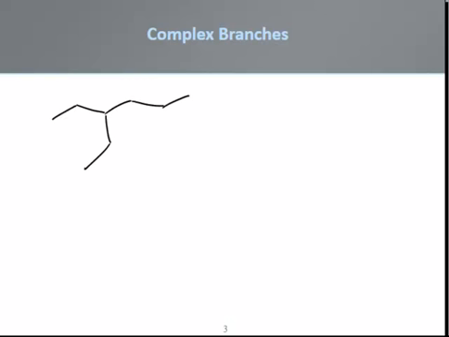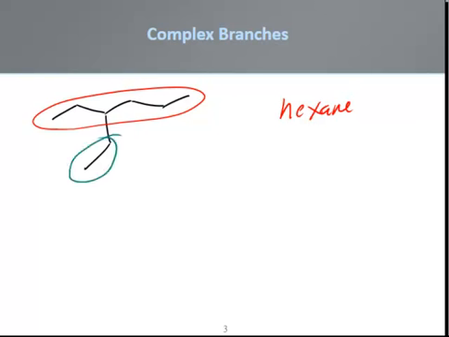If we were to ask you to name this compound, the first thing you would do is identify the longest continuous carbon chain. In this case, there are 2 routes that we can take, but here's a simple one. And then we would say, okay, this is a hexane, and that there is a substituent or a branch on it. And if we circle the longest continuous carbon chain in the branch, we would say, hey, this is 2 carbons, so this is an ethyl branch.